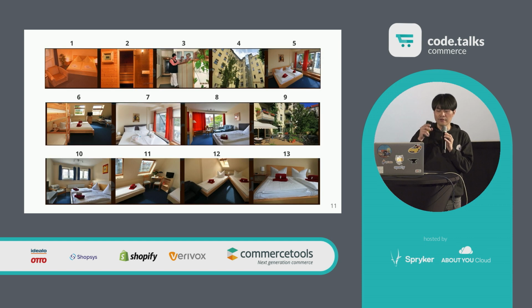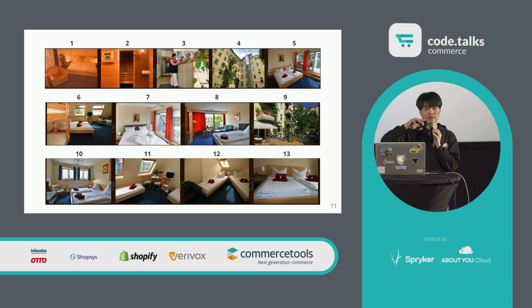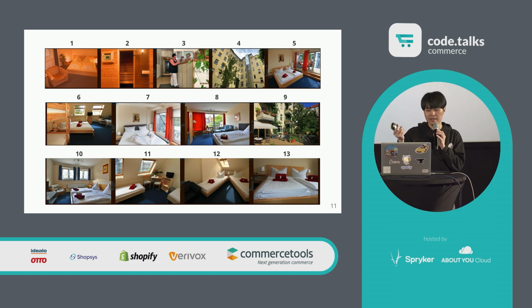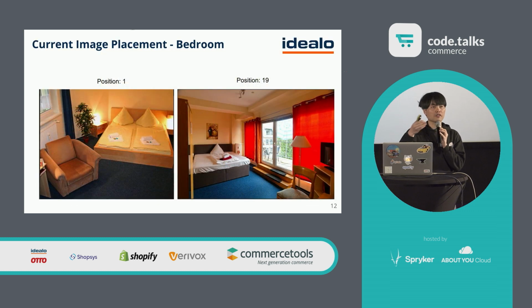And if we dig further into the gallery, if we go into this listing, you can see more pictures, like every hotel provider platform would also provide. If we have a closer look, we can see there are a lot of bedrooms in there. But the problem with bedrooms is they have different positions. For example, position 19 is a bedroom that is visually better compared to position 1.